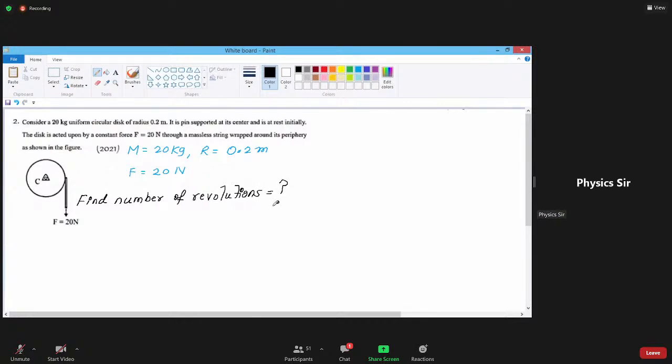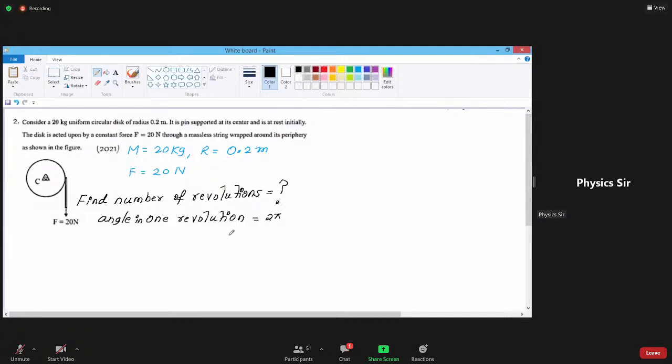Now, if I have to calculate the number of revolutions, we know that in one revolution, can somebody tell me how much angle it covers? Yes, the angle in one revolution is 2 pi.